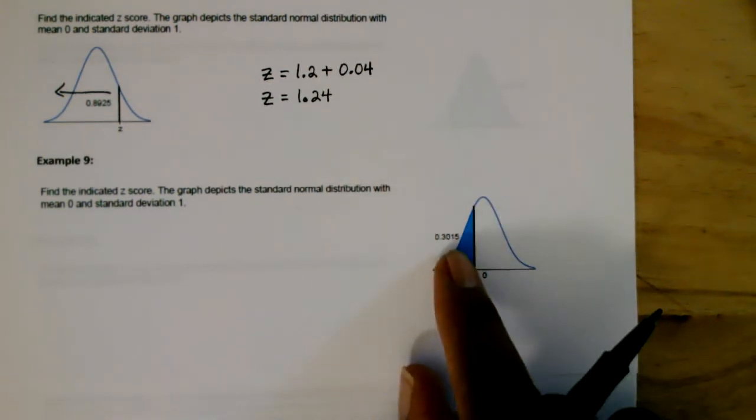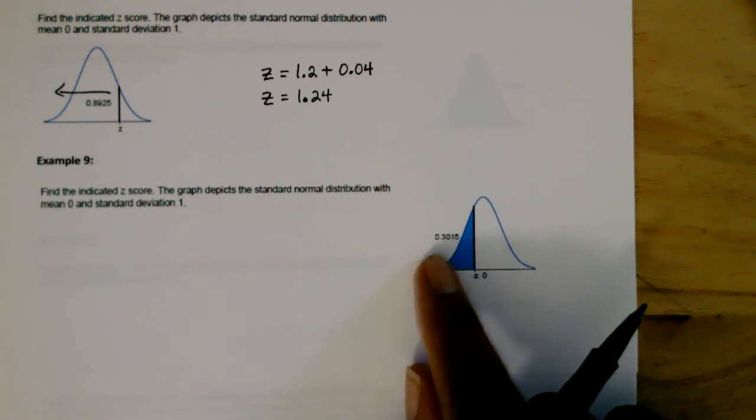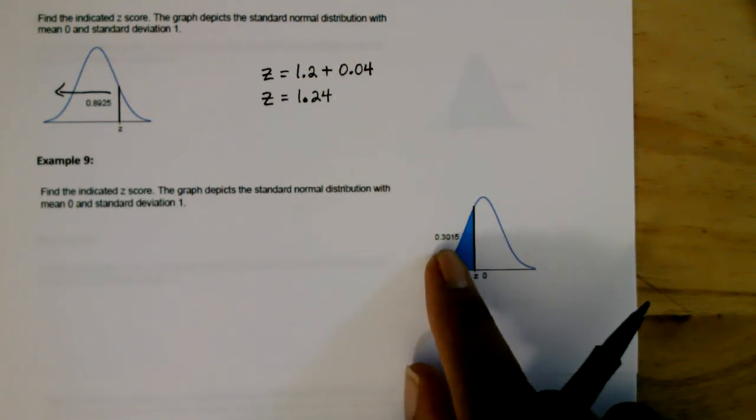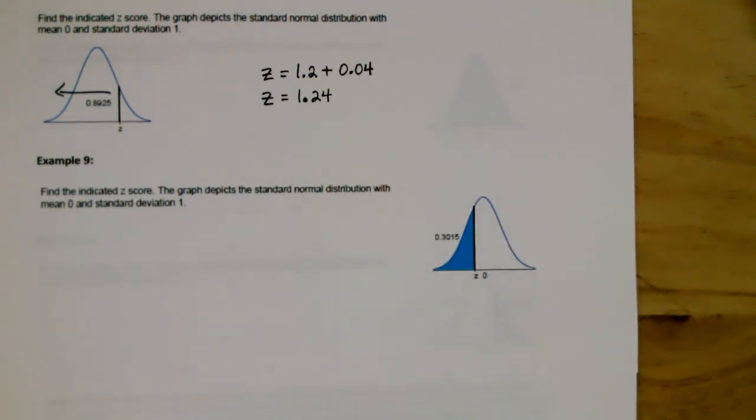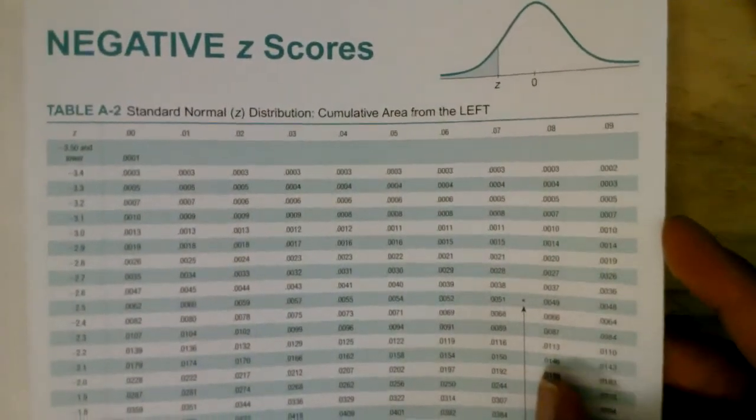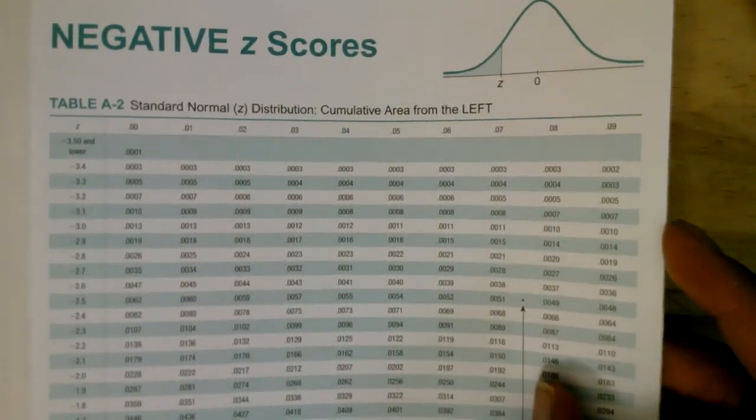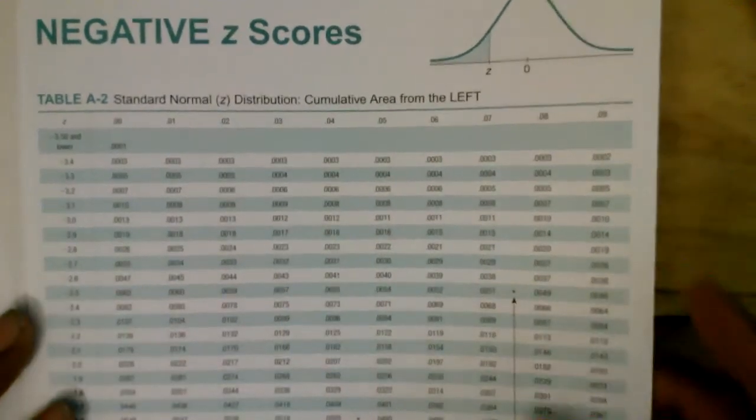Notice that 0.3015 is less than 0.5. So we need to look at the page that says negative z-scores. Okay, so here's negative z-scores because 0.3015 is less than 0.5. We need to find 0.3015.